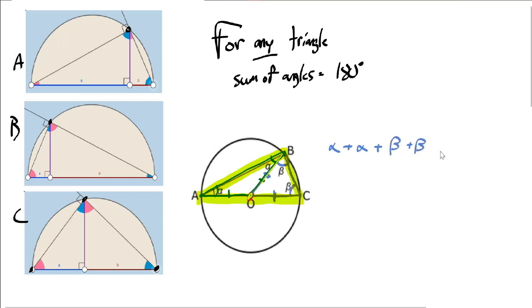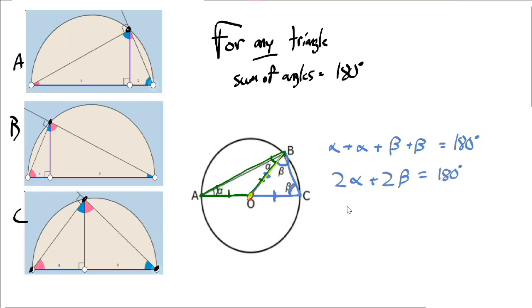So alpha and beta together have to, so this angle, this big angle, which is an alpha and a beta, and this one here, all of those together have to work out to one full triangle. That's 2 of those alpha angles from the green triangle, and 2 of those beta angles from the blue triangle, equals 180.